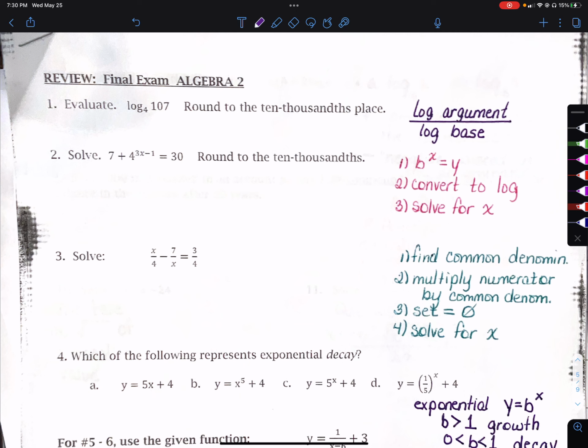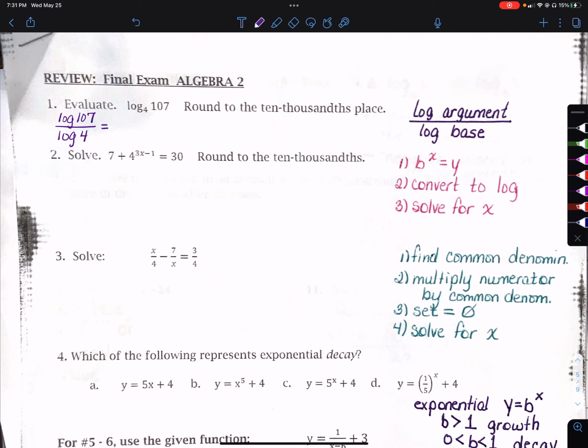So on this one here to evaluate, we are going to do the change of base formula, which is log of 107 divided by log of 4. Now, depending on your calculator, you might have to put in 107 log divided by 4 log, or it may just work for you in this case.